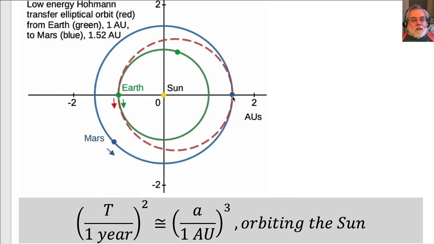In order to meet up with Mars at the blue dot, Mars needs to be there when we leave Earth orbit, and that only happens every 26 months. So we cannot easily go to Mars whenever we please. We cannot leave when we please. We cannot arrive when we please.